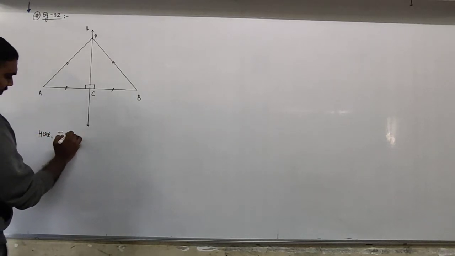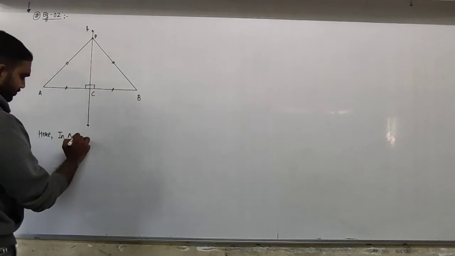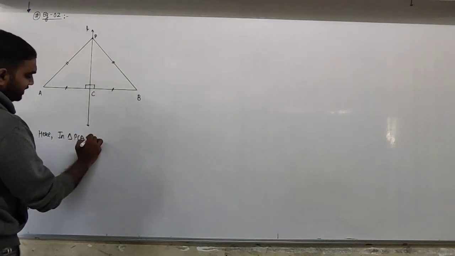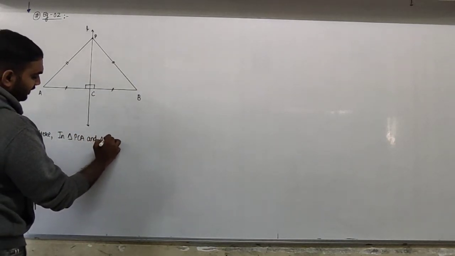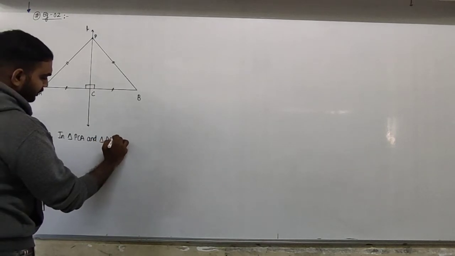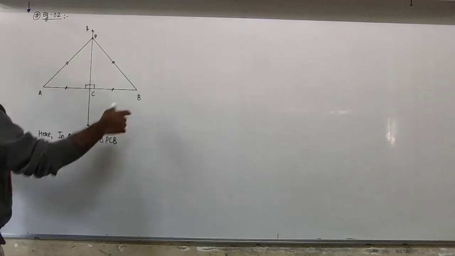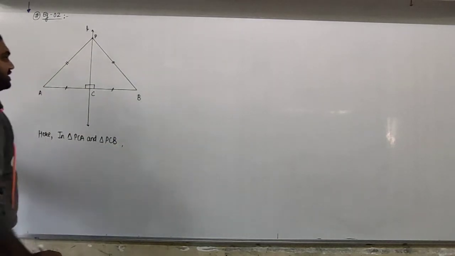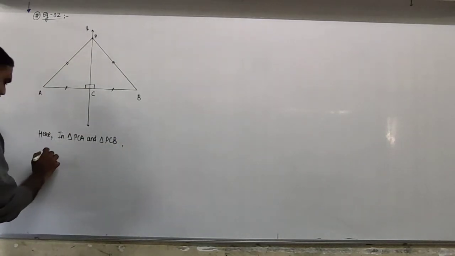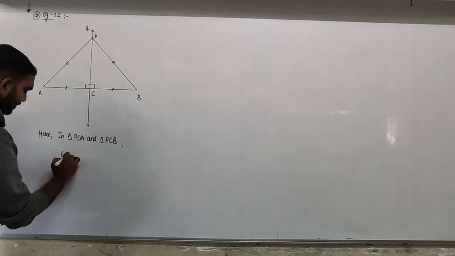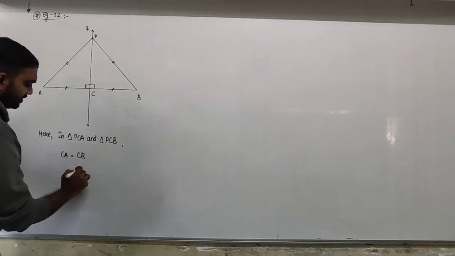So let us continue here. In triangles PCA and PCB, what is given? It is said that CA is equal to CB.